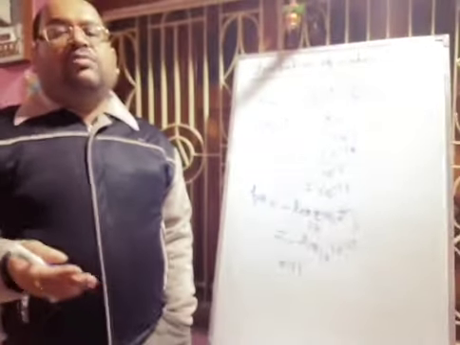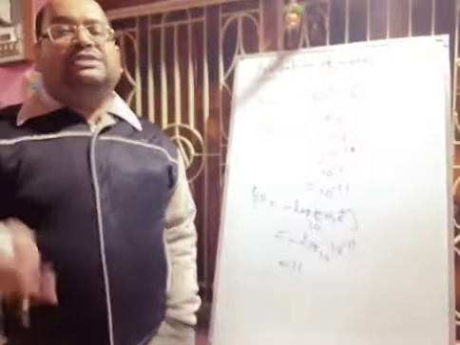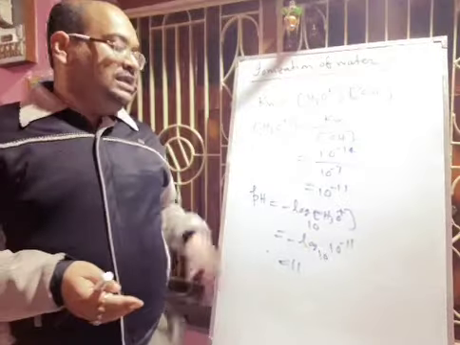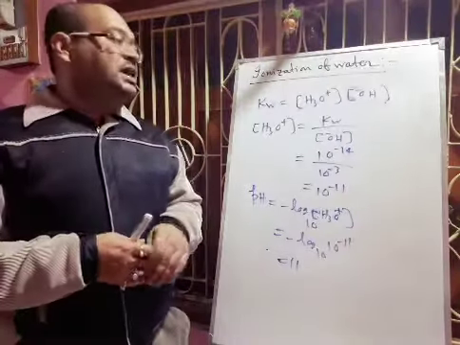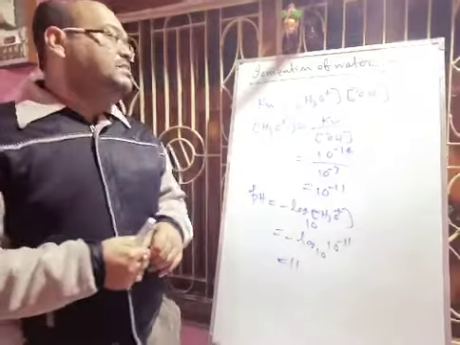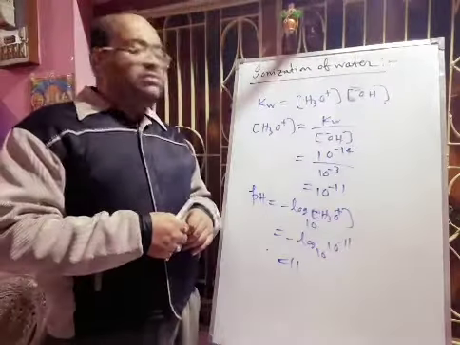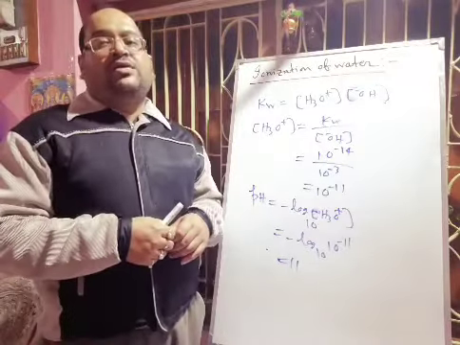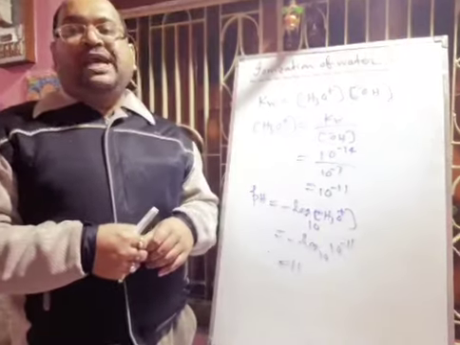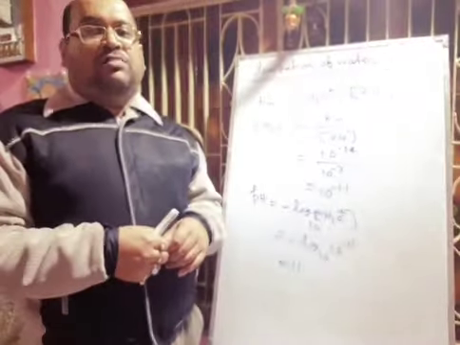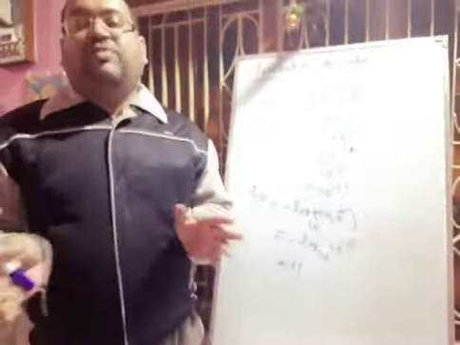From this concept, we can say that at 20 degrees centigrade, if the ionic product of water is 10 to the power minus 14, then pH values vary from 0 to 14.